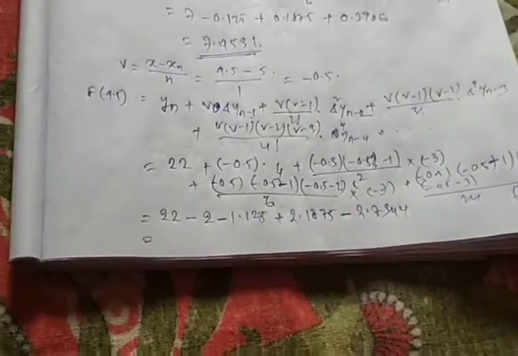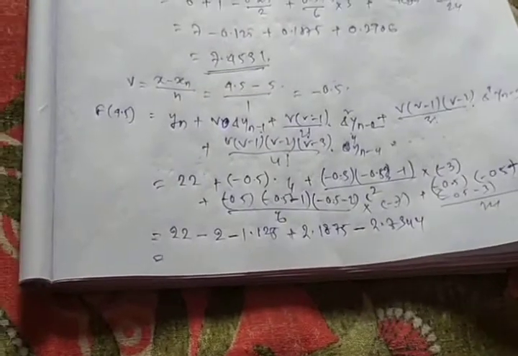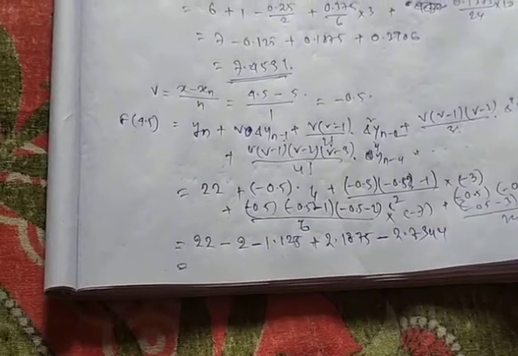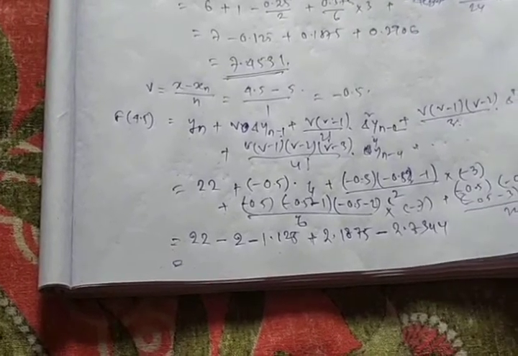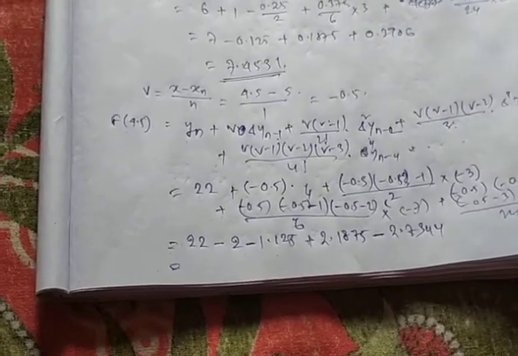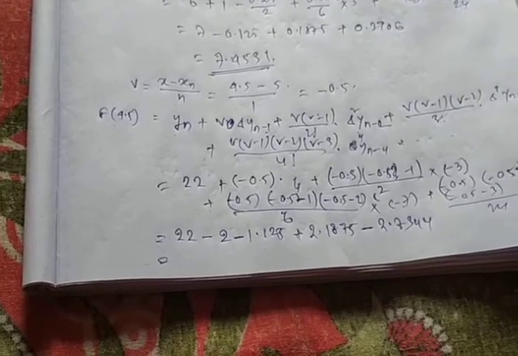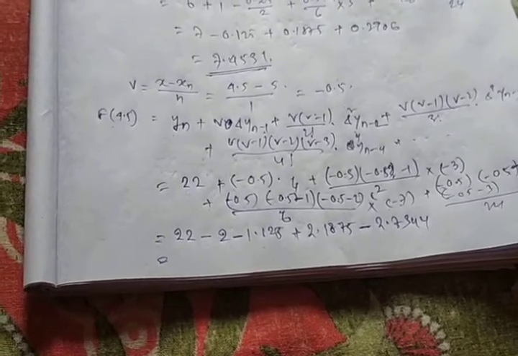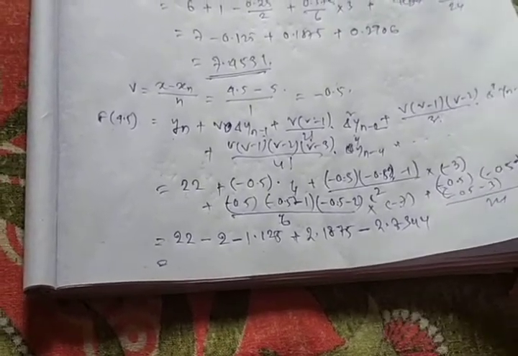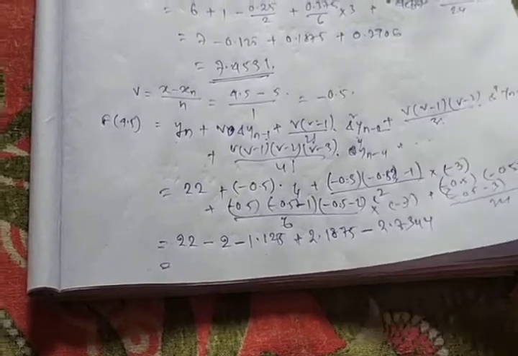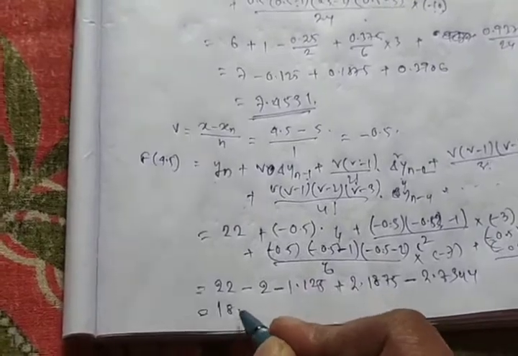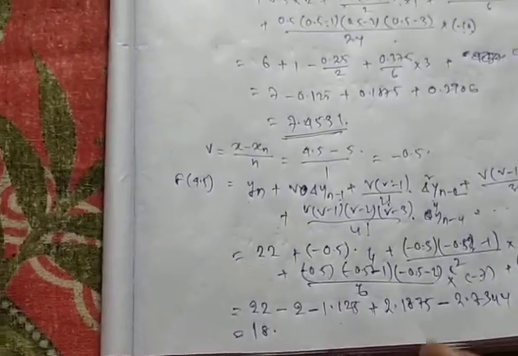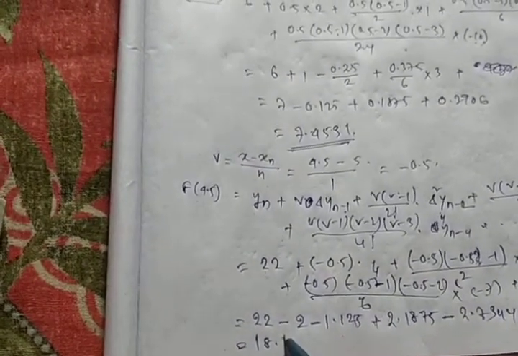So after calculating we get 22 minus 2 minus 1.125 plus 2.1875 minus 2.7344, which equals 18.3281.